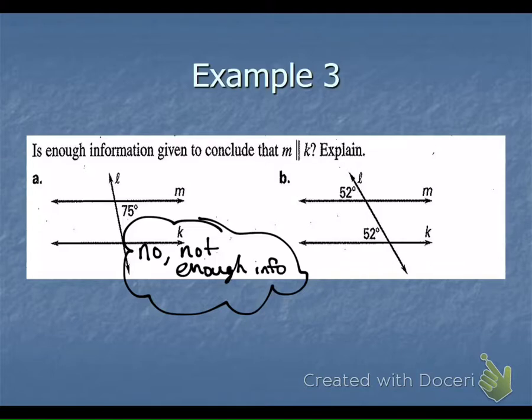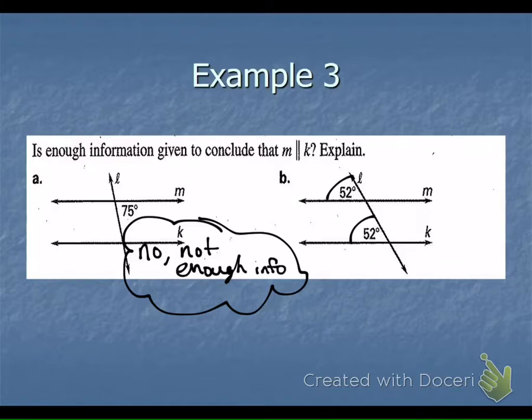So part B, what am I looking at here? What type of angles are these? They're congruent. They are acute, I agree. What's the relationship though? Look at the list we just wrote down.